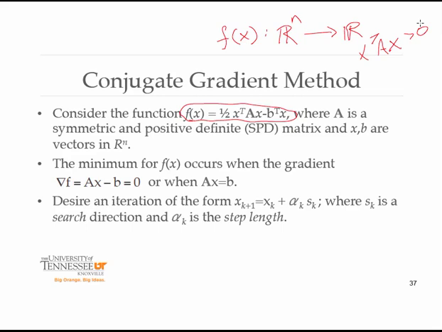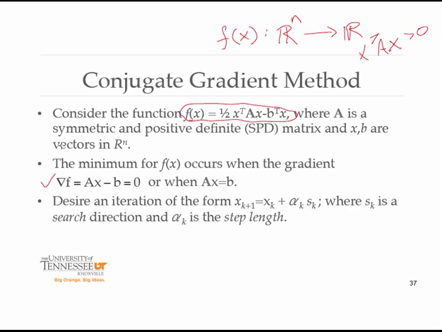It lives in R^n, so it has many dimensions, x1, x2, x3, say up through xn. So it doesn't make sense to talk about a derivative in any one dimension. You have to think of the derivative across all the dimensions. That's called a gradient, and you may remember this notation as indicated over here. It turns out the gradient for that particular function f, as we've defined it above, is actually Ax minus b.